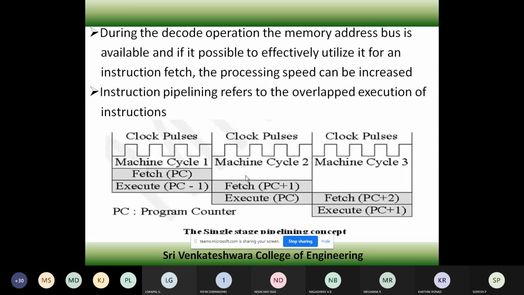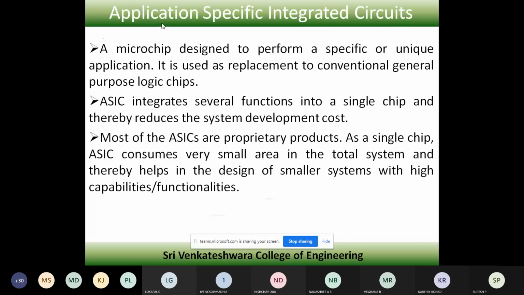The figure is of 2 stages of pipelining, whereas the explanation is given for fetch, decode, and execute, which is 3 stages. You have to overcome that confusion.